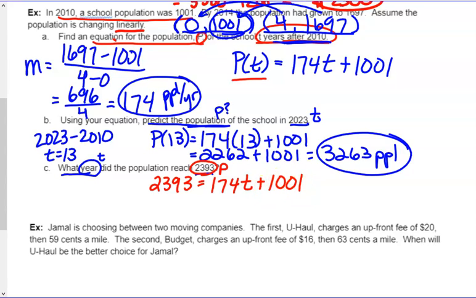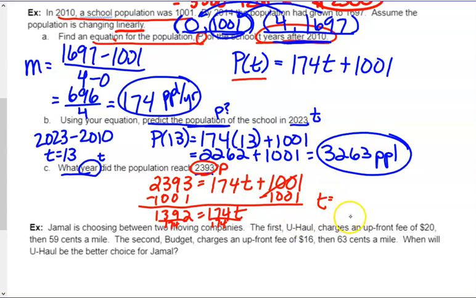I can now solve that equation in 2 steps for T to find the time in which that occurred. So we're going to isolate T by first subtracting 1001, getting rid of that. And I'm left with 1392 equals 174T. Then I'm going to divide by 174 both places, and I get T to equal 8 years.